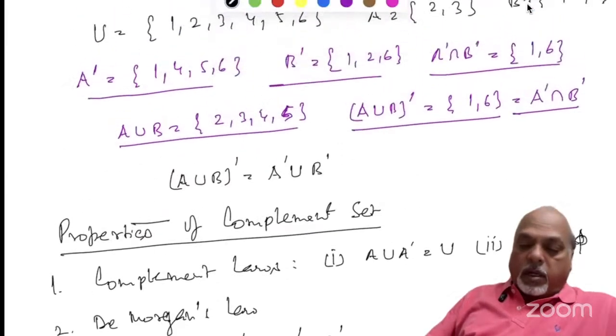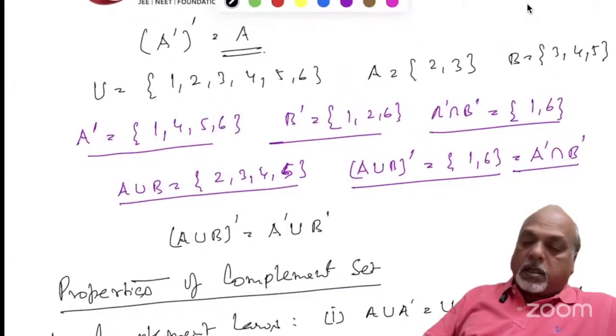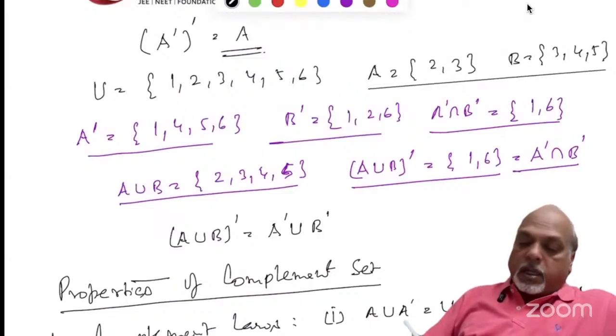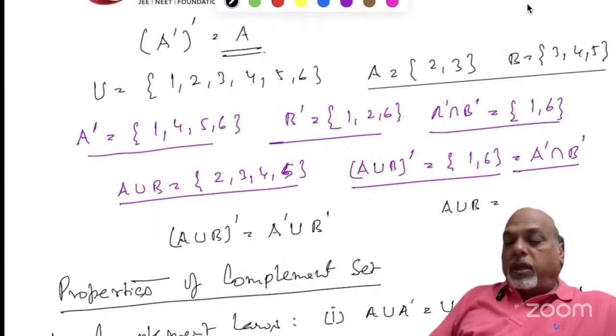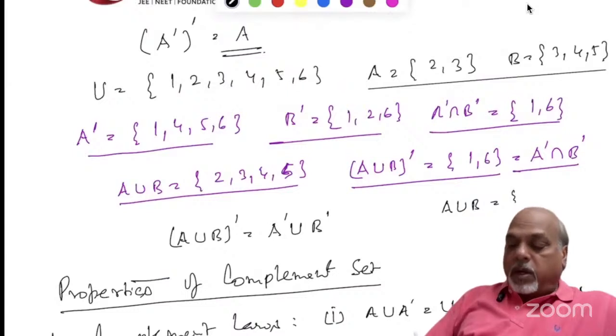We can find out here what is A intersection B. In this A intersection B, there is only one element common, correct?